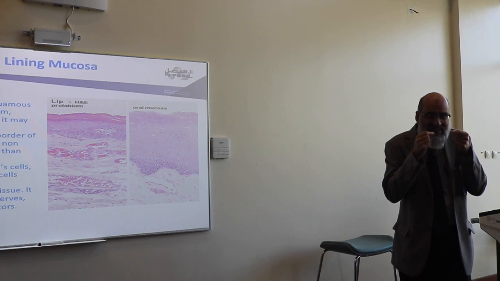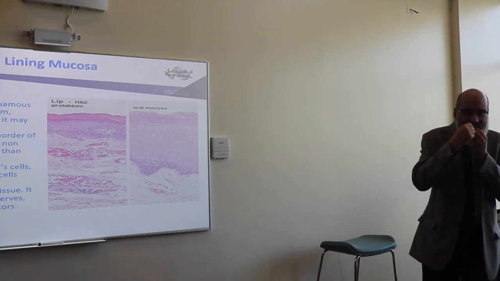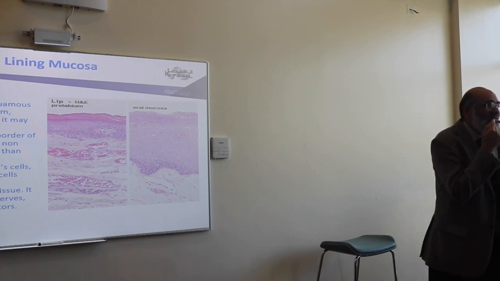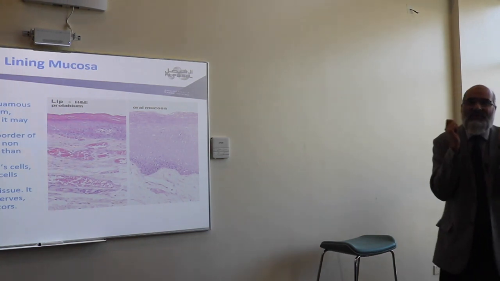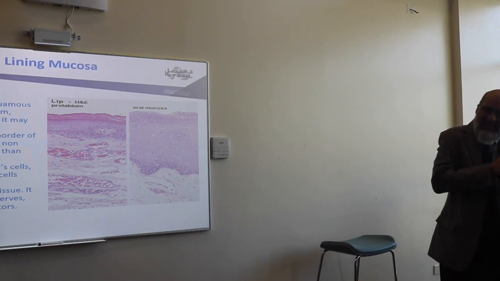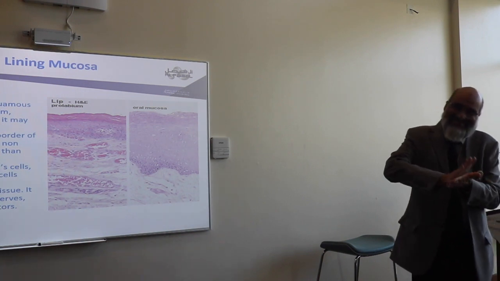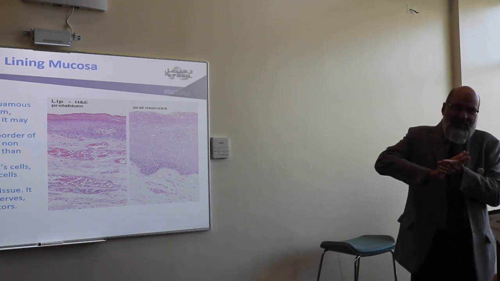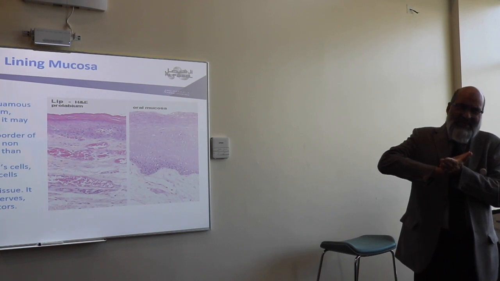They're not as mobile as the inner side of the lip or the undersurface of the tongue or the soft palate. They're non-mobile. Okay? And they're subject to friction. So is there a possibility of having keratinized epithelium? Possible or not?